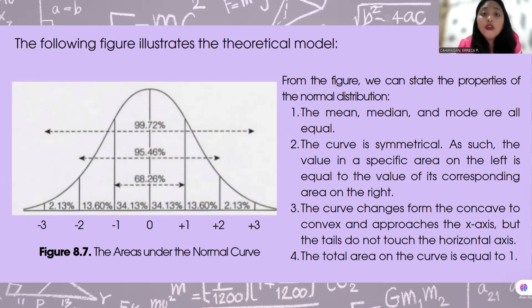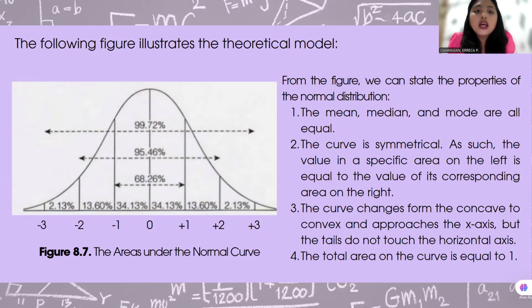Second, the curve is symmetrical. As such, the value in a specific area on the left is equal to the value of its corresponding area on the right. So the curve is perfectly symmetrical, which means the left side is like a mirror image of the right side.